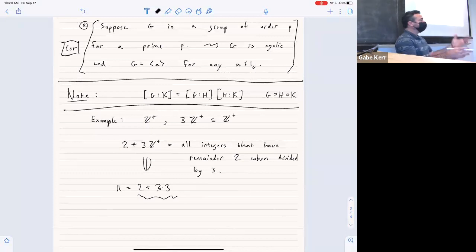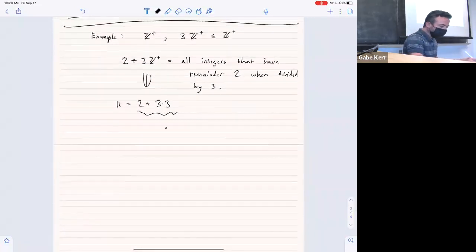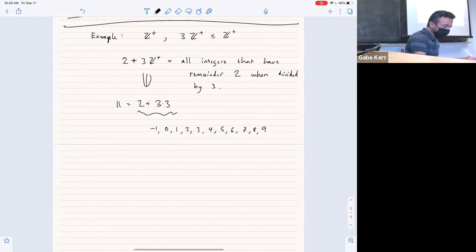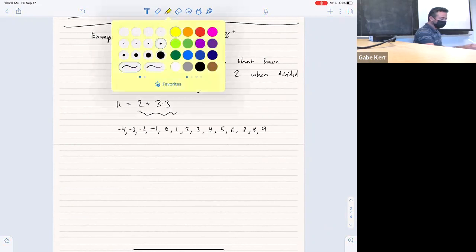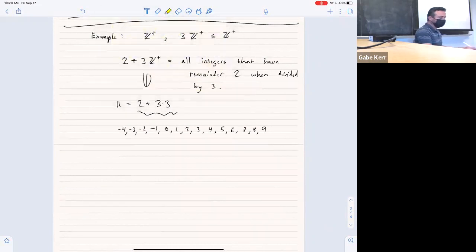So the picture being illustrated there is you can write out your integers, and you can look at the numbers that are divisible by 3.